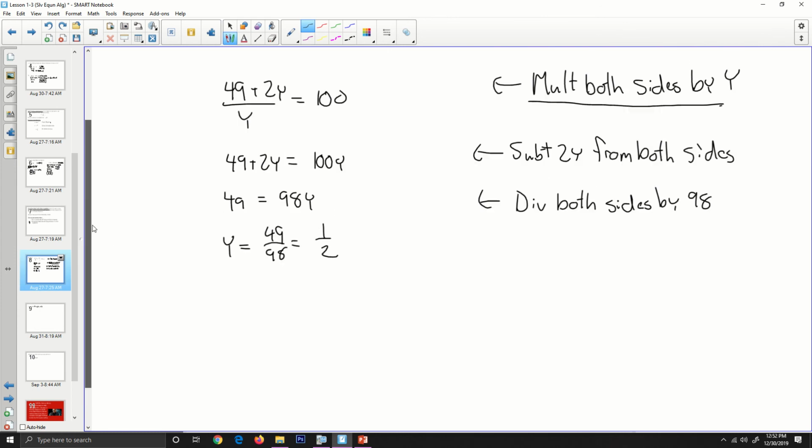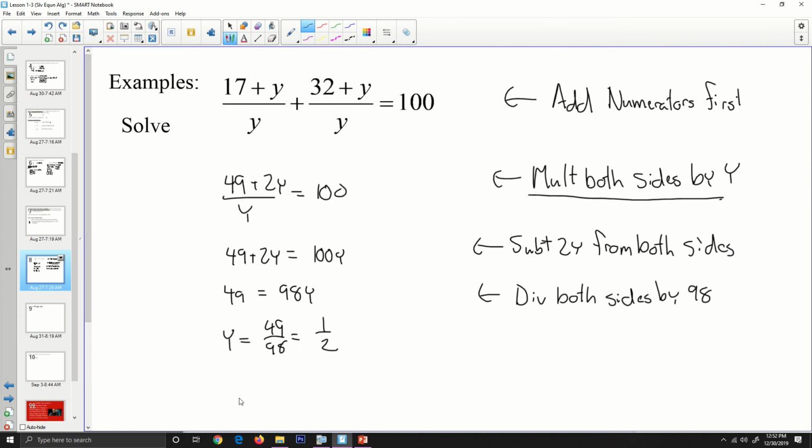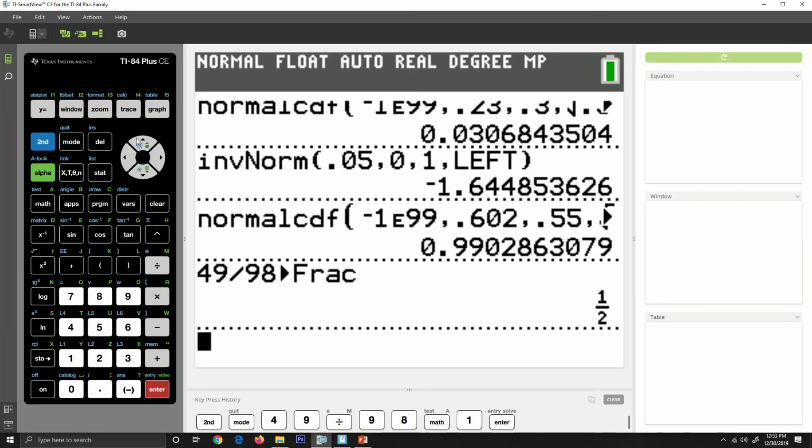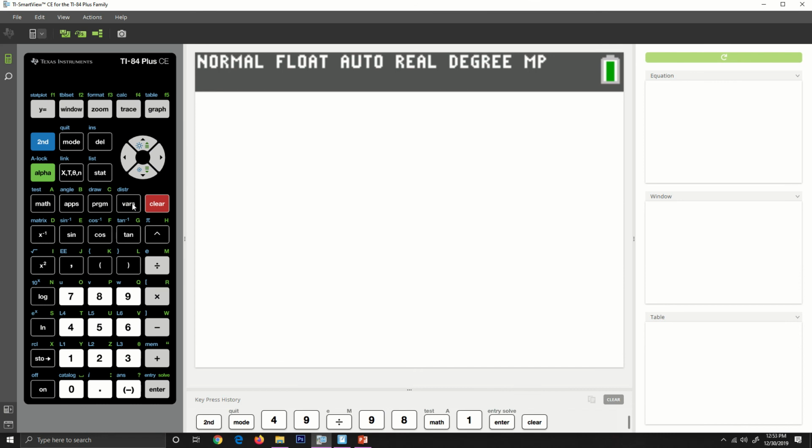And so if I plug this in here, I get 17 plus 1 half over 1 half plus 32 plus 1 half over 1 half. And we need that to be equal to 100. Because there's a lot of fractions in there, we want to keep moving. Let's let our graphing calculator check that for us. So let's clear all this stuff out.